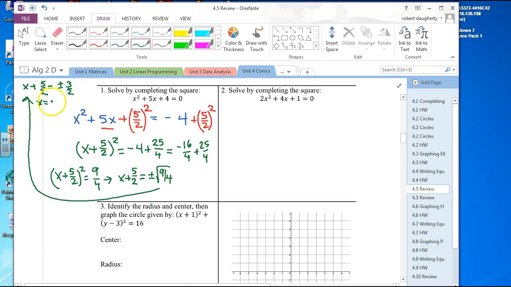So x equals negative 5 halves plus or minus 3 halves. So negative 5 halves plus 3 halves, that's negative 2 halves. And negative 5 minus 3, that's negative 8 halves. So that's negative 4.